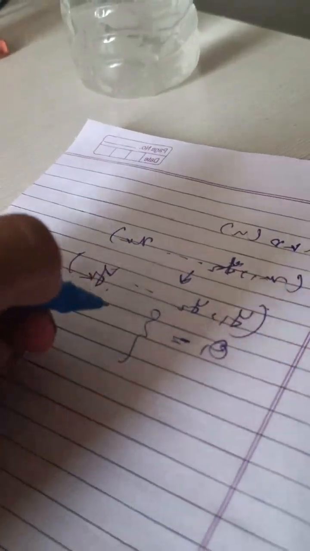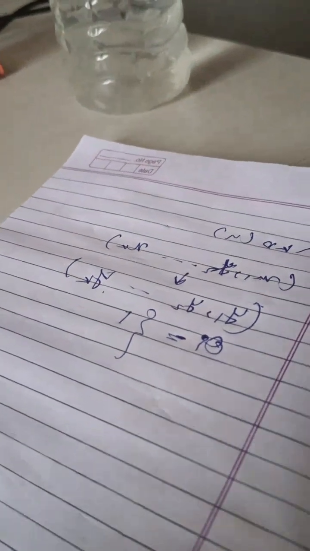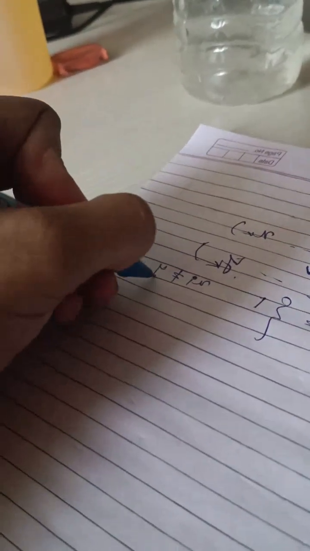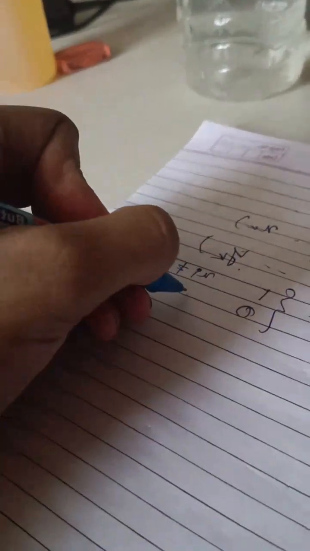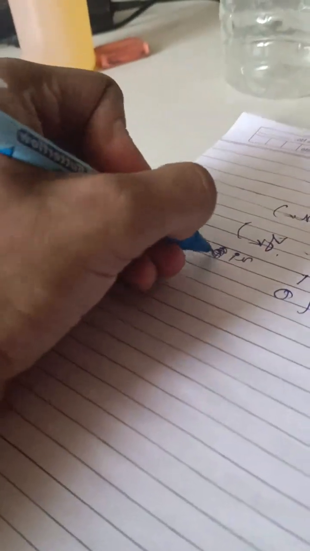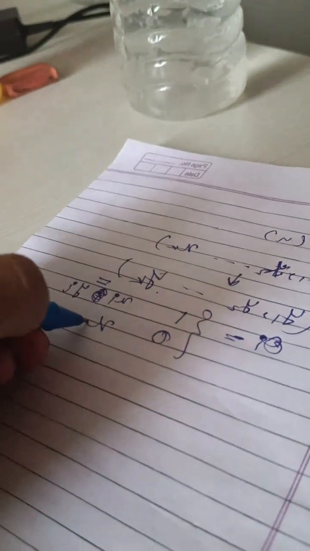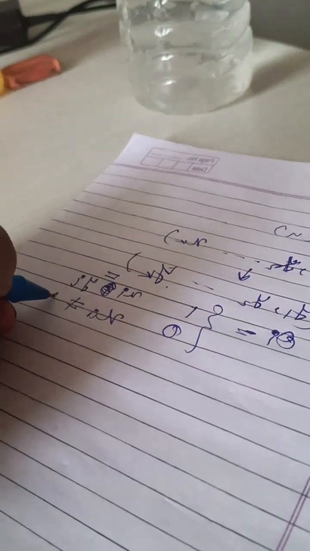Theta i is defined as 1 if xi is equal to yi, and 0 if xi is not equal to yi.